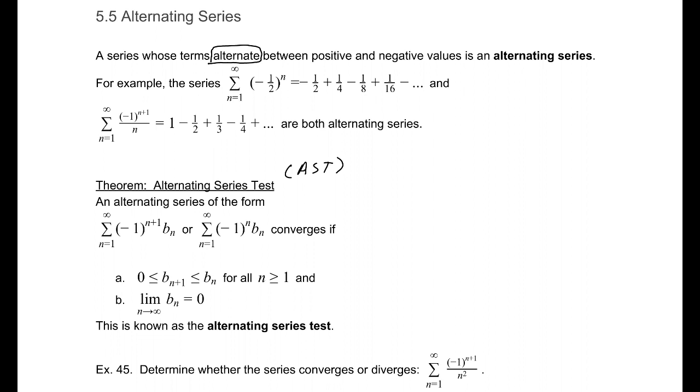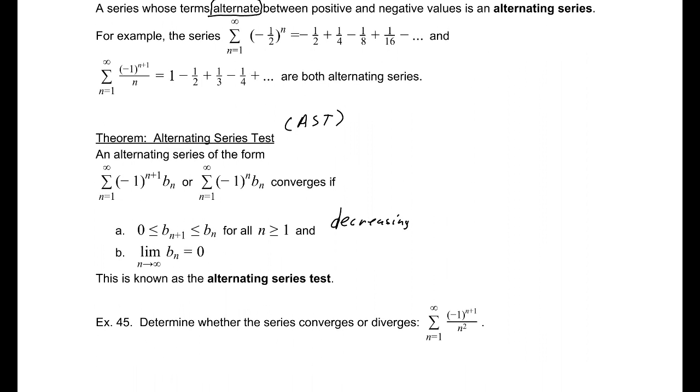If each term is greater than or equal to 0 and this is decreasing, that is, b_(n+1) is less than or equal to b_n for all n, if the entire sequence is decreasing, it's all greater than 0, and the limit of that defining sequence is 0. And we call this the alternating series test.